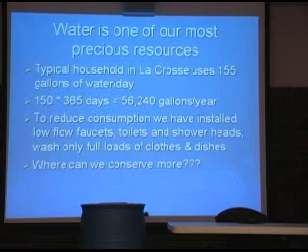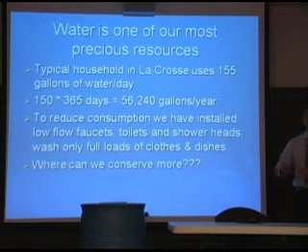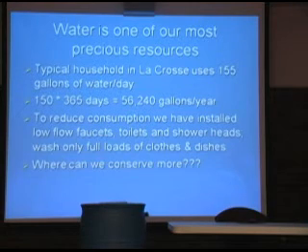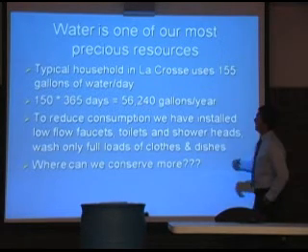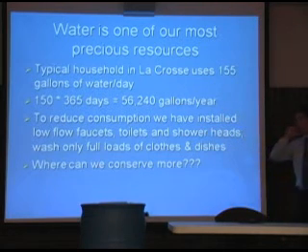So what we're hoping is that that can be reduced by reducing the amount of water that's actually going into the system. A typical household in La Crosse will use, on average, 155 gallons of water a day. And so at a 365-day cycle, that's around 57,000 gallons a year.